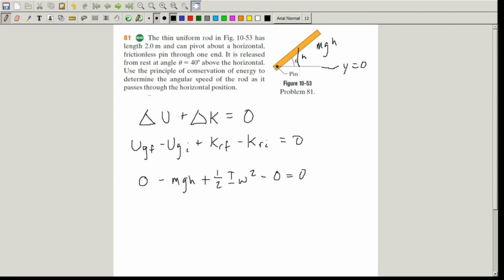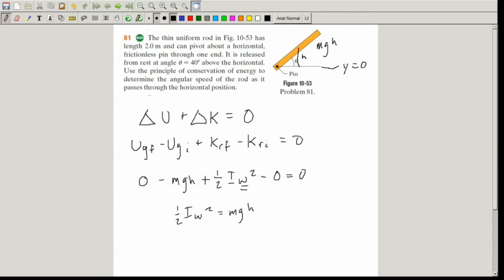So now we can rewrite our equation to solve for omega, which is our angular velocity. So we have 1/2 I omega squared equals mgh.